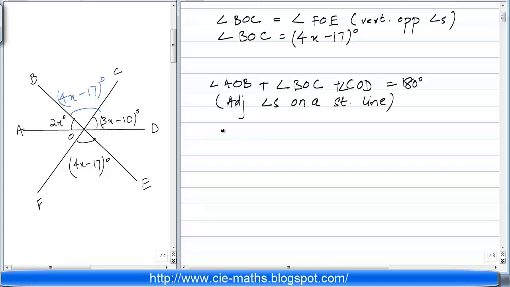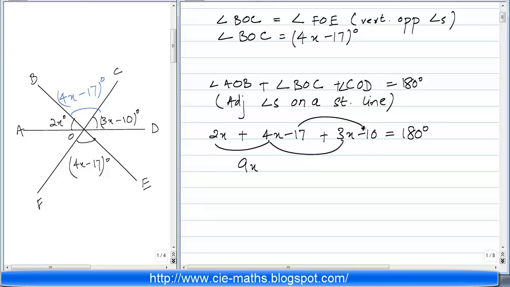Putting in the values, the equation would look something like 2x plus 4x minus 17 plus 3x minus 10 is equal to 180 degrees. Adding 2x, 4x and 3x, I would get 9x, and minus 17 and minus 10 would also add up to be minus 27. That is equal to 180 degrees.